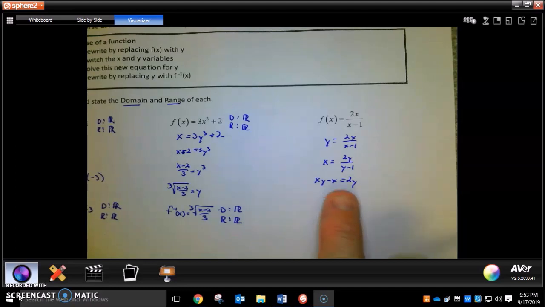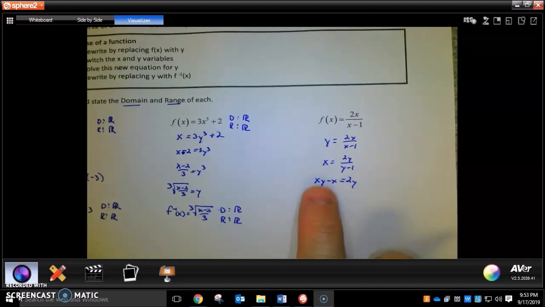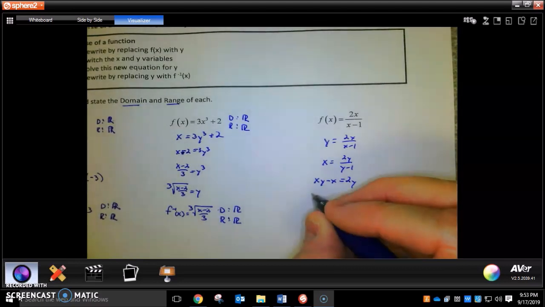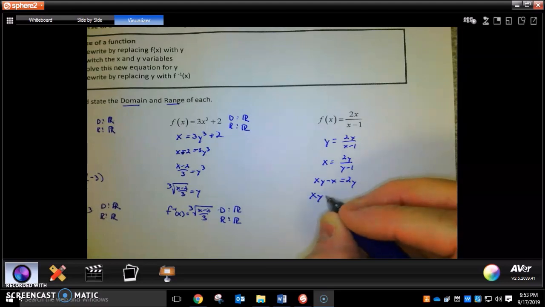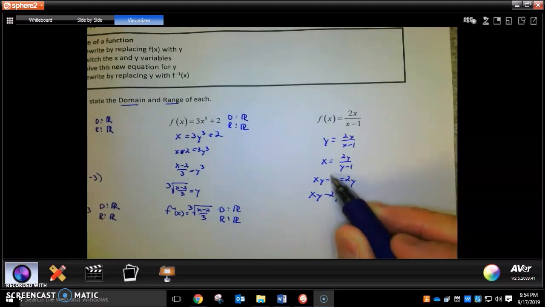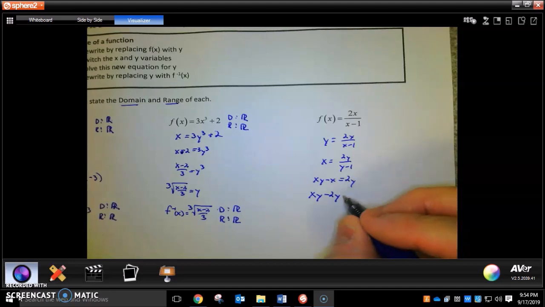Now the trick is to get the variables on the same side. So I'm going to move my y's over here. You can move the xy over here; I just like to have my y's on the left for some reason. So I'm going to take the 2y and subtract it over here to get it next to his buddy. And I'm going to take the minus x that doesn't have a y and move him to the other side.